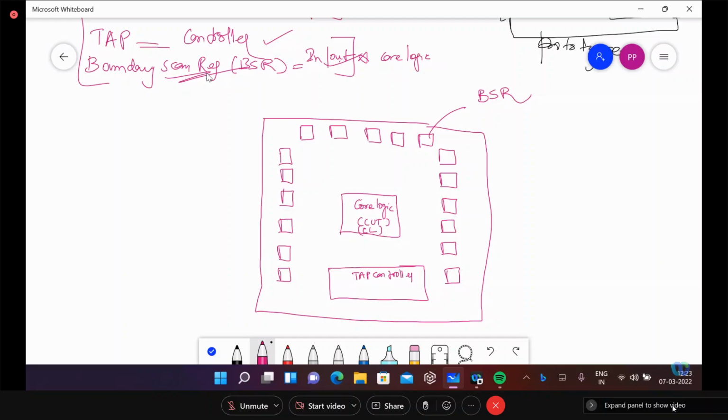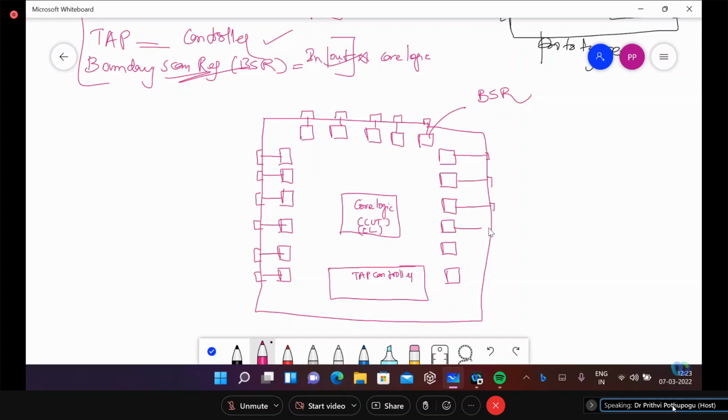Boundary scan registers will be in a position to communicate with the external environment. I can use one segment as input and one segment as output. That's why we say this is an in-out configuration.